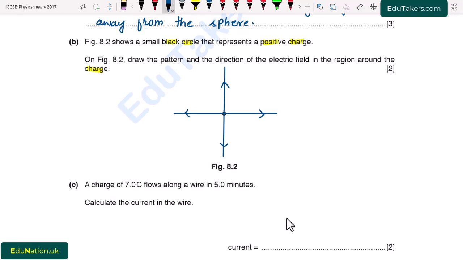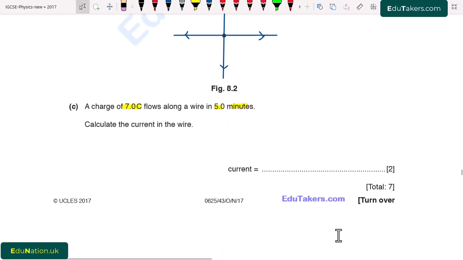Part C. A charge of 7.0 coulomb flows along a wire in 5.0 minutes. Calculate the current in the wire. So here we have to find out the current in the wire when the value of charge and time is given.